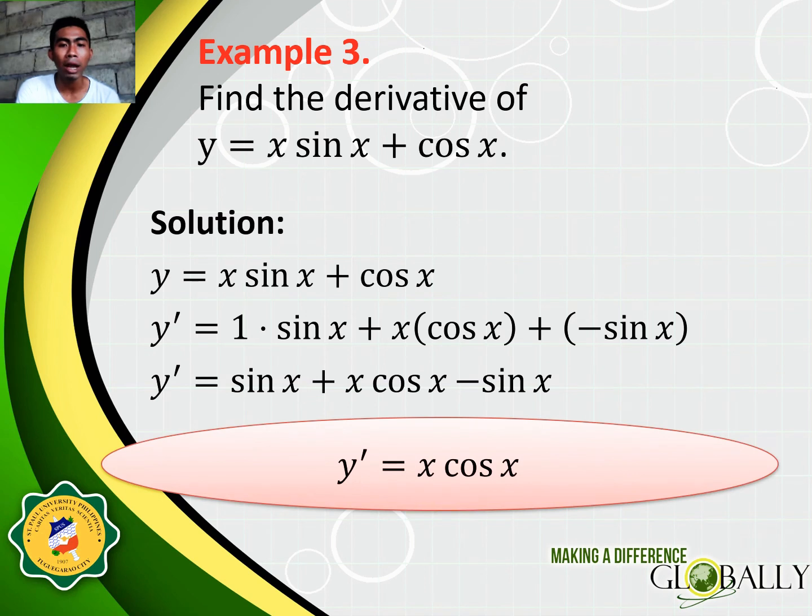By combining like terms, the derivative of y equals x sine x plus cosine x is now x cosine x, because when you add sine x and negative sine x, it will give you a zero answer. And 0 plus x cosine x is actually x cosine x.